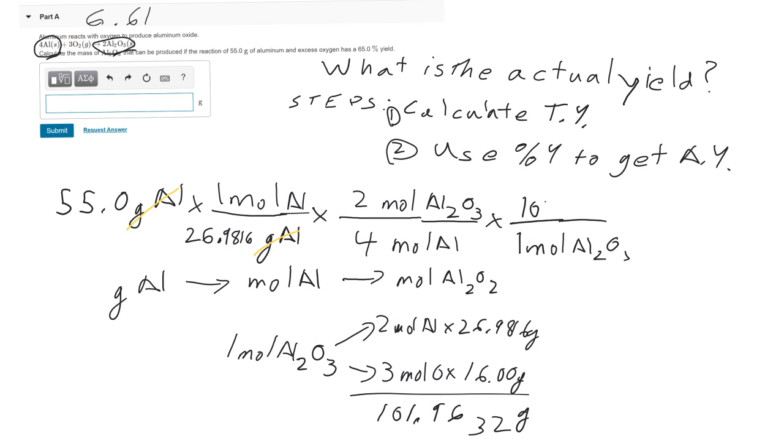So we've got 101.9632 grams aluminum oxide per mole. So we've gotten rid of moles. Now we're left with grams of aluminum oxide, which is what we're looking for.